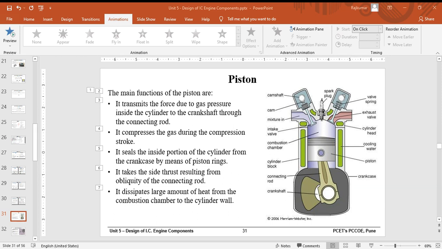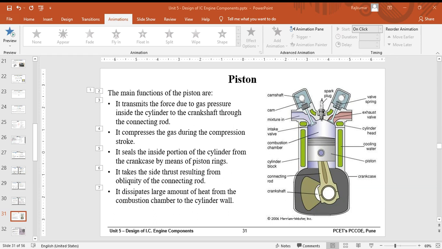The piston head may be either flat, concave, or convex in shape based on the design of the internal combustion engine and the capacity of the combustion chamber. These two parameters decide what type of piston head needs to be selected or designed.